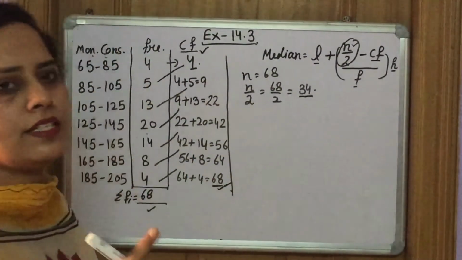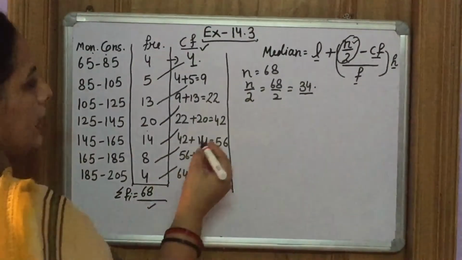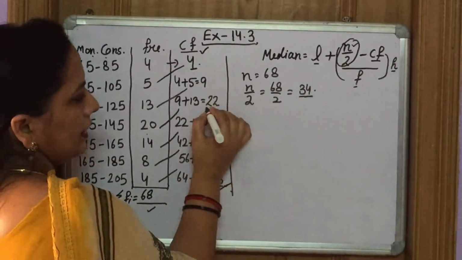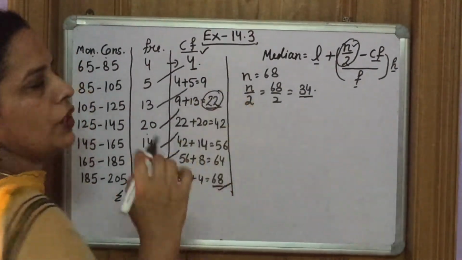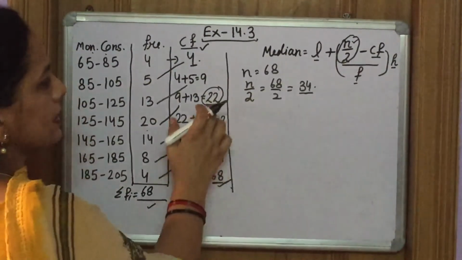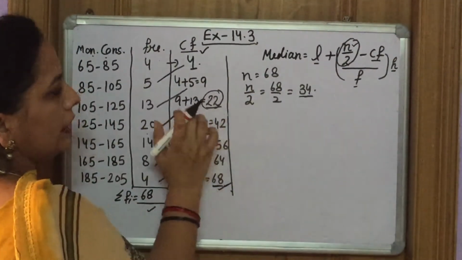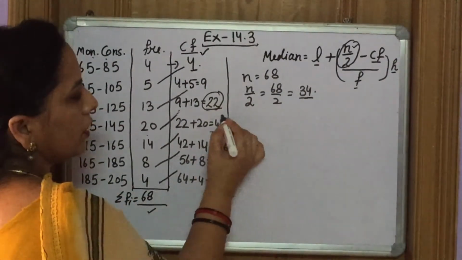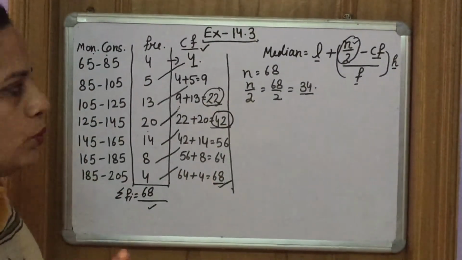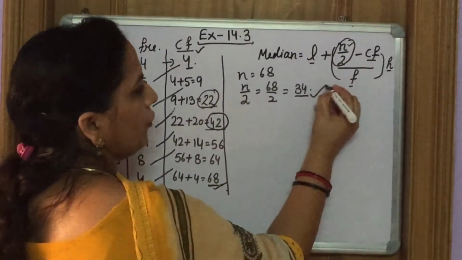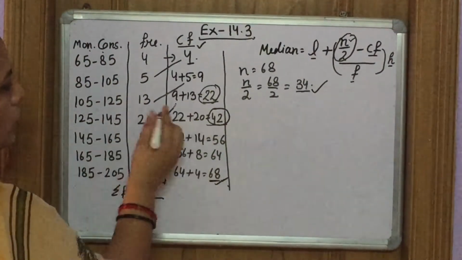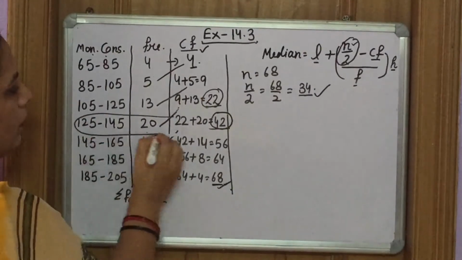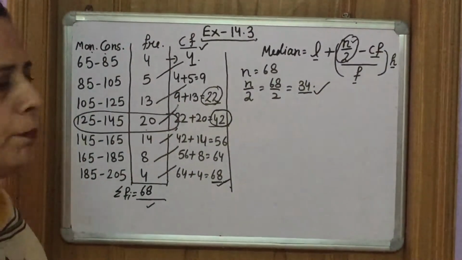Here, this row's number lies up to 22. And in this row, the number lies up to 42. So we can say that 34 lies in this row. So this is our main row.